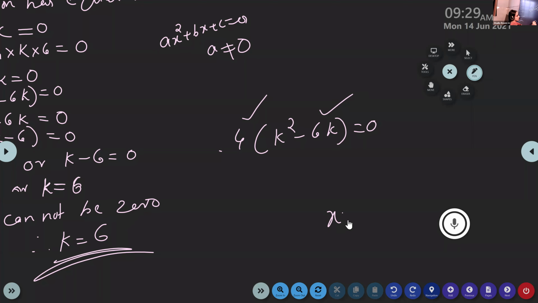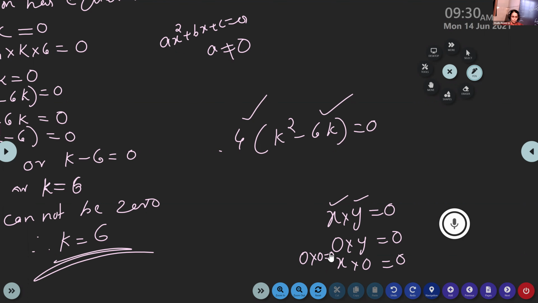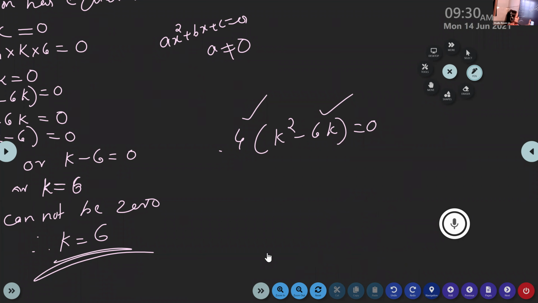Product of x into y equal to 0 means what? Either x will be 0, or y will be 0, or both 0. But here we have two terms, 4 and k square minus 6k. So either 4 is 0 or k square minus 6k equal to 0.